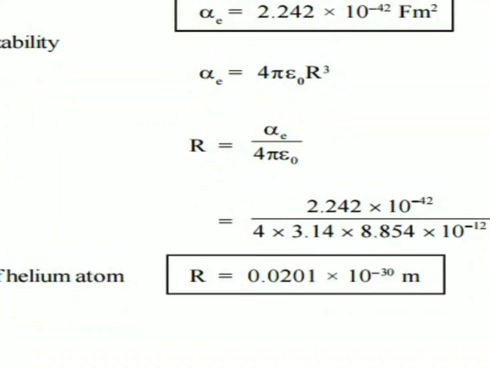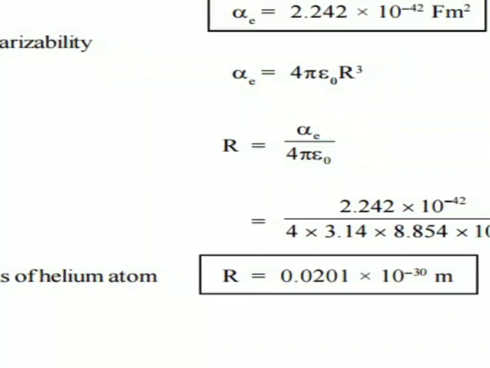To find the radius of the helium atom, we use the electronic polarizability formula alpha E is equal to 4 pi epsilon naught r cube. From this formula, r is equal to the cube root of alpha E by 4 pi epsilon naught.